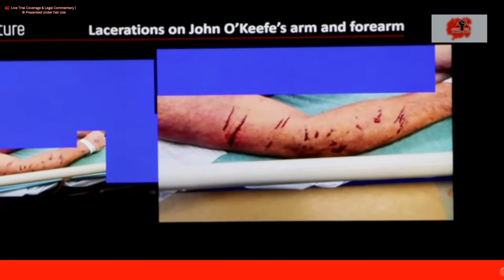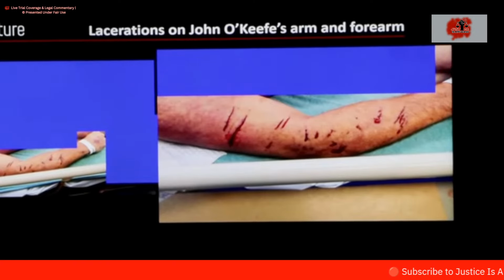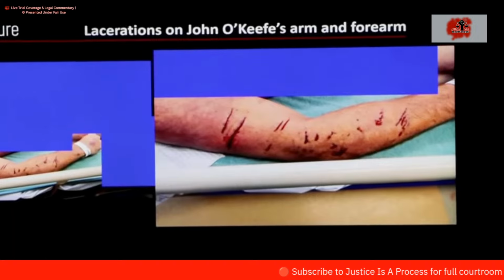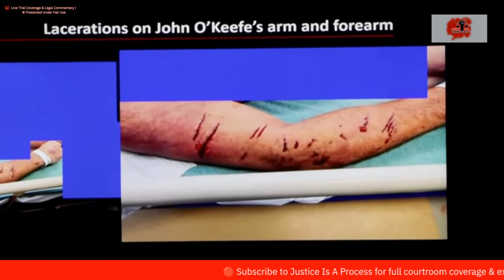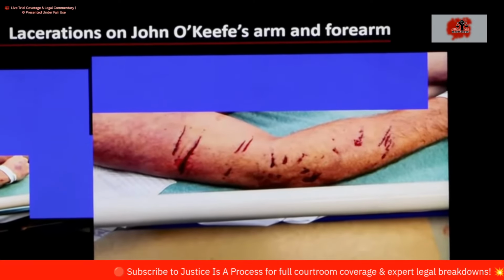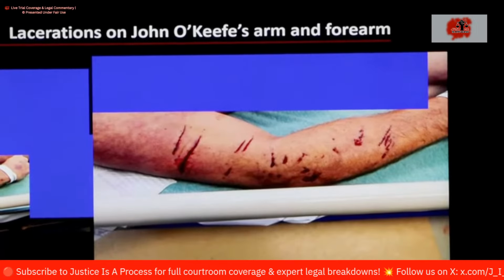So technically, when you say arm, it really means from your elbow to your shoulder. Most people call this whole thing arm. It's actually the upper extremity. Arm is from shoulder to elbow, elbow to wrist is forearm and hand. So you can see I wrote arm and forearm.